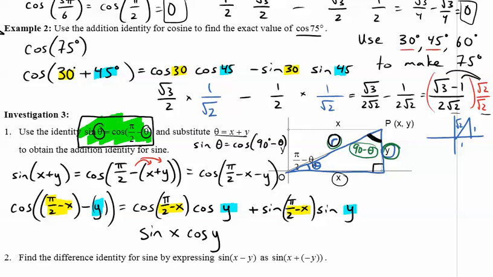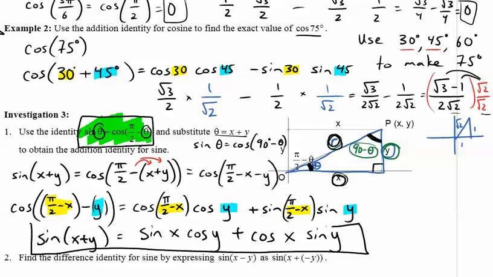That's the same thing as cosine of the regular angle, adjacent over hypotenuse. So this is the same as cosine of x. So there's my identity for adding two angles inside of a sine function. Sine cos plus cosine sine.